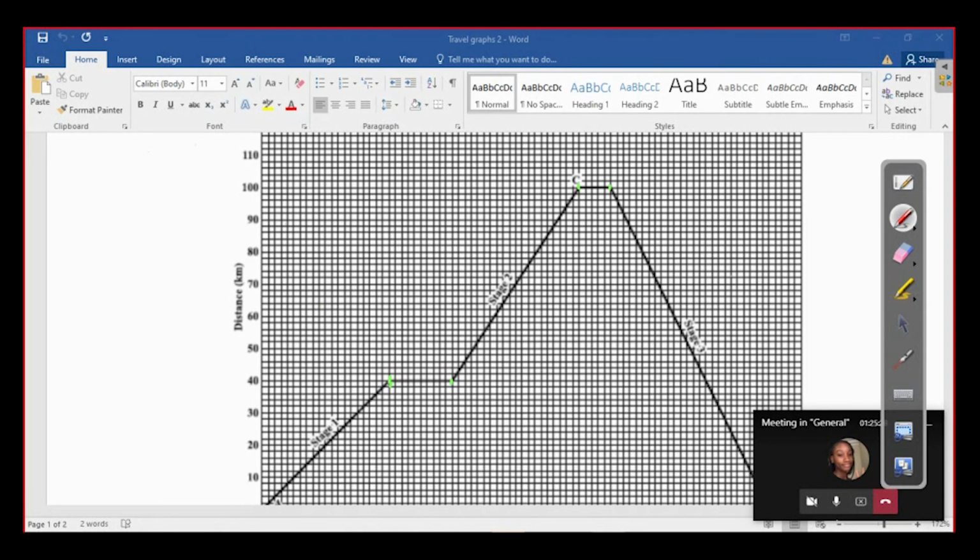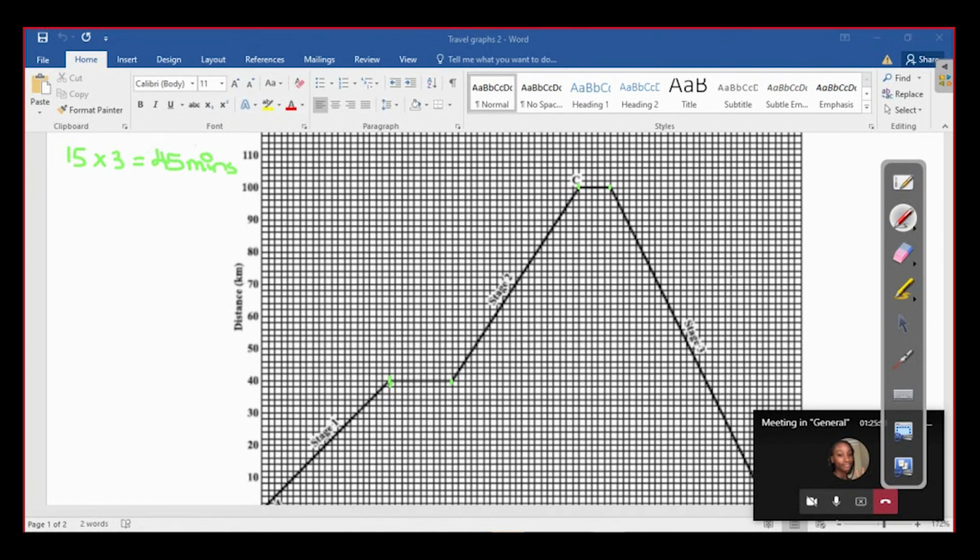So if you stop for a total of 15 tiny blocks, which as you know would be 3 minutes each, and you heard how she explained how she worked it out as well. So 15 tiny blocks by 3 and you'll get 45 minutes, right? So you stop for a total of 45 minutes.